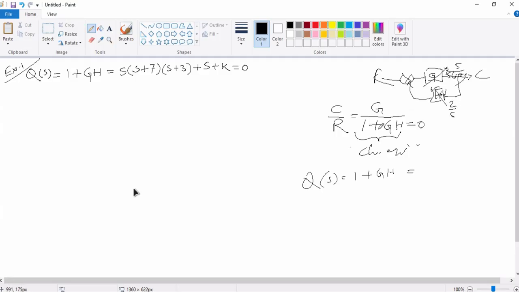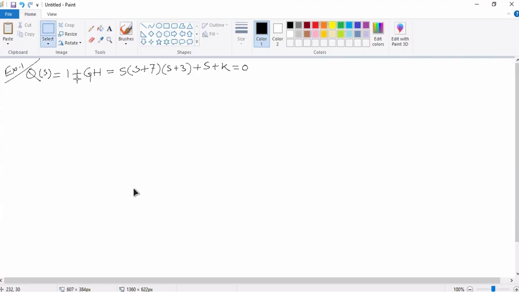Then you substitute G and H and get a polynomial form, like s cube plus 3s squared and so on. So this is the characteristic equation given. And what is the question you have to do? The question is to find the range of K, because there is a K there.